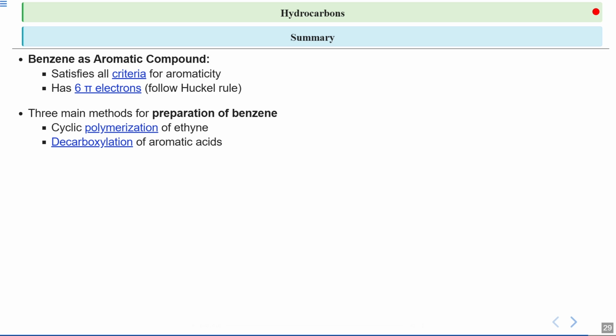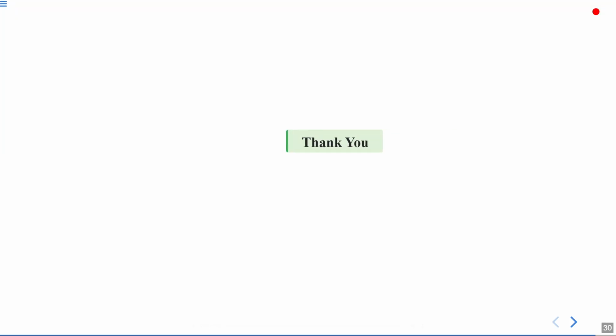After that, we have phenol reduction. If you reduce phenol in the presence of zinc dust, it loses the oxygen atom and is converted into benzene, which is again a preparatory method used in industries. This was all for today's lecture.